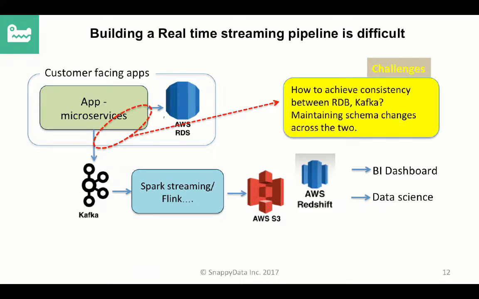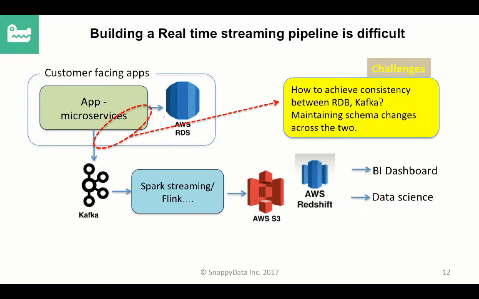Well, there are a number of challenges here, right? First, how exactly can we achieve consistency if we're going to write as transactions happen both to Kafka as well as to our database? To achieve consistency, you have to worry about two-phase commits, you have to worry about various failure conditions. And moreover, what happens if you end up changing the schema in one? You have to consistently change the schema in the other, else you again end up with potentially inconsistent data in our analytics store.